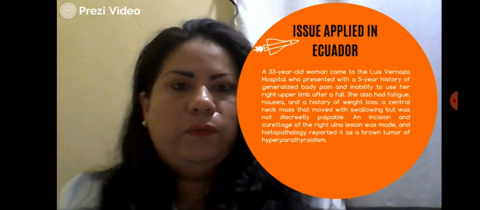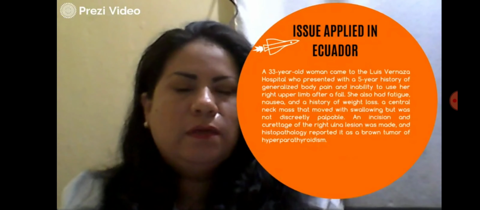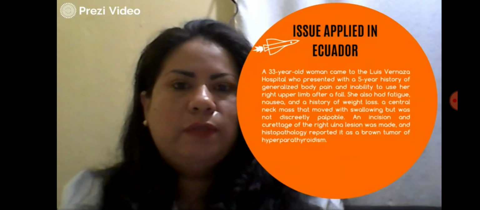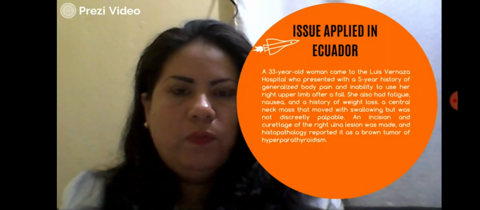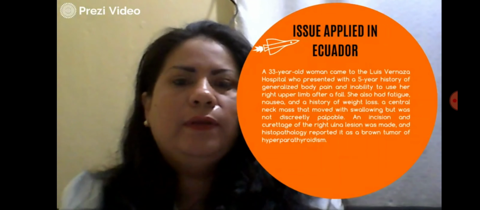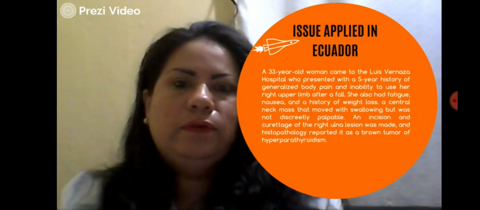Case applied in Ecuador. A 33-year-old woman came to the Luis Bernaza Hospital presenting with a 5-year history of generalized body pain and inability to use her right upper limb after a fall.